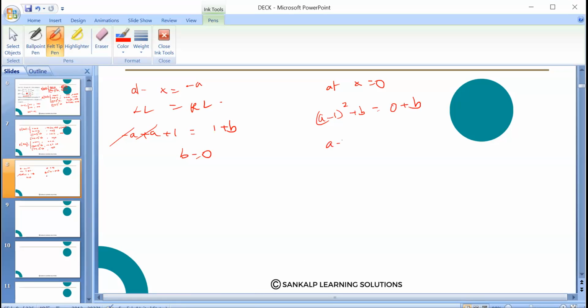So we have a minus 1 whole square equal to 0. A minus 1 equal to 0, a equal to 1. So a plus b is 1 plus b. They're asking you what it is, so we can say a plus b is 1.